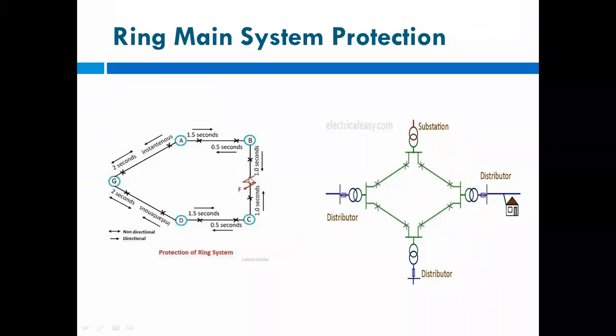So here, if the fault occurs here, okay, there is a single generating station here, and power will be supplied from G to A to B towards this point, or from G to D to C to this point here.